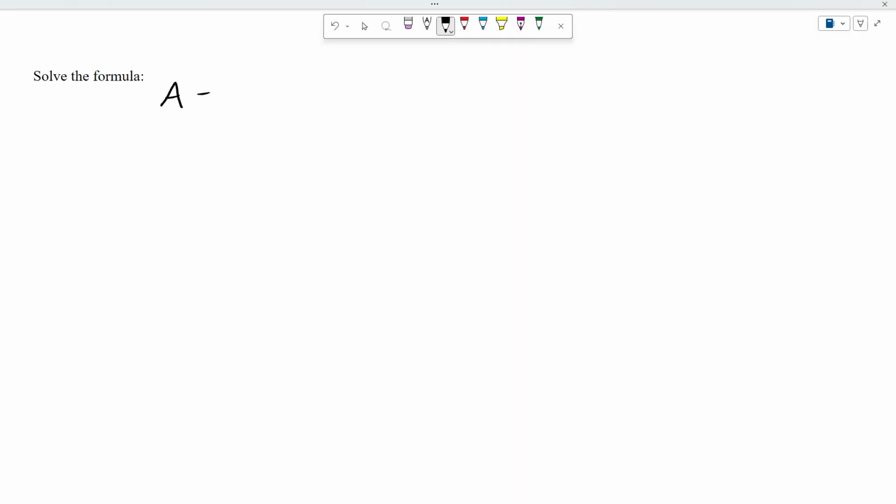It's A equals 1/2 H(A plus B), and we are going to solve for A. I just wanted you guys to see one where we're solving just for a variable and not trying to obtain an actual numerical value. Just see something a little different.